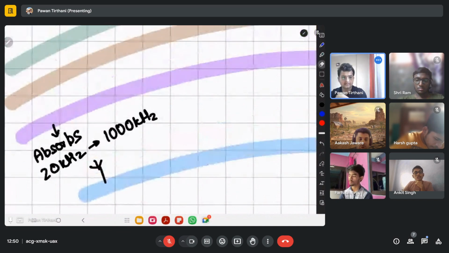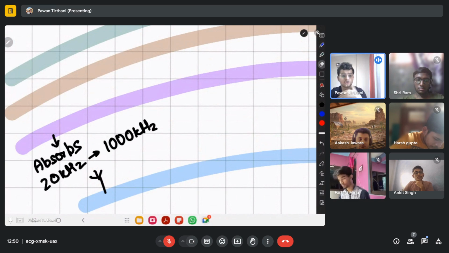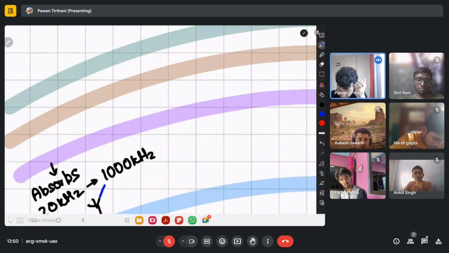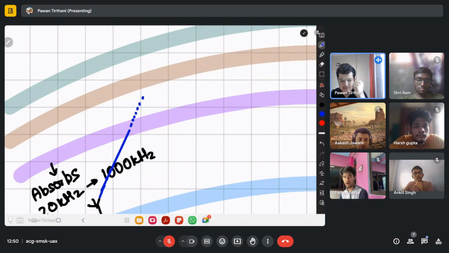Now the E layer: those waves which are stronger have the strength to penetrate the D layer and come to the E layer. But the E layer pushes them back down. However, it cannot do that to everyone.